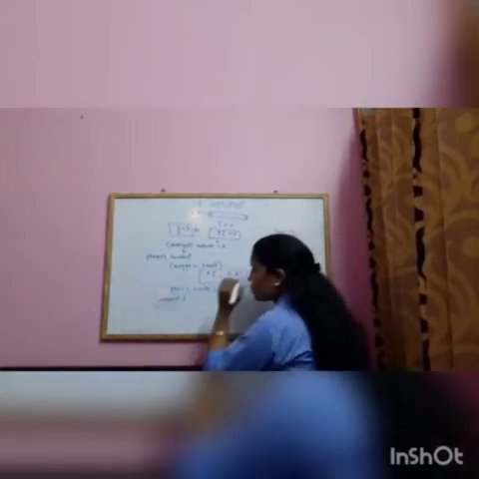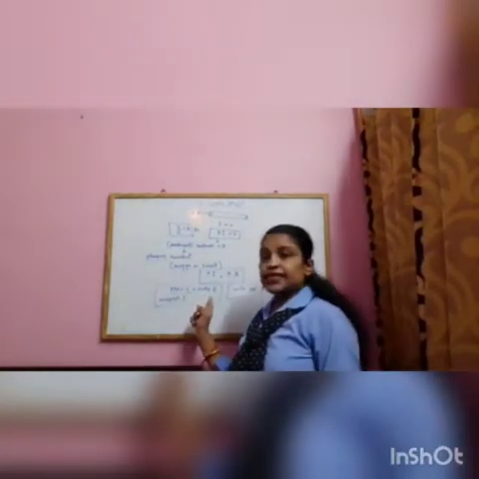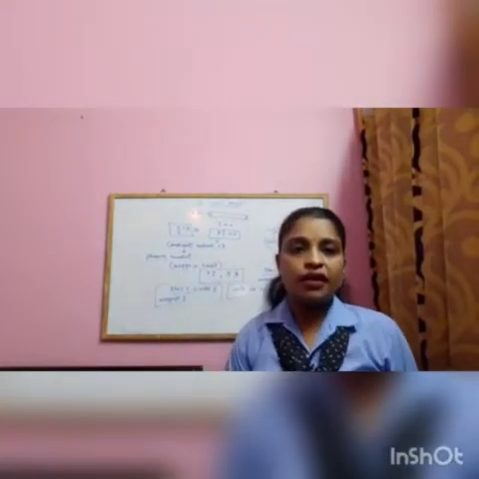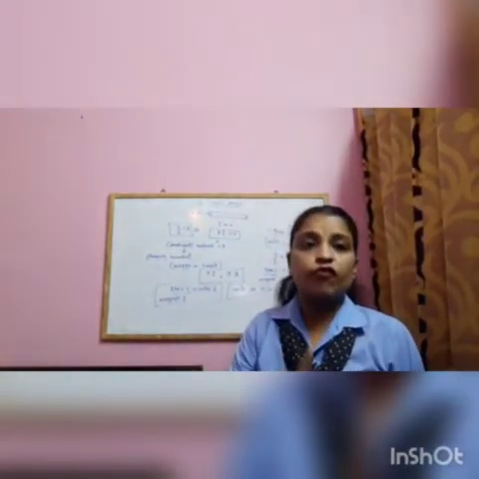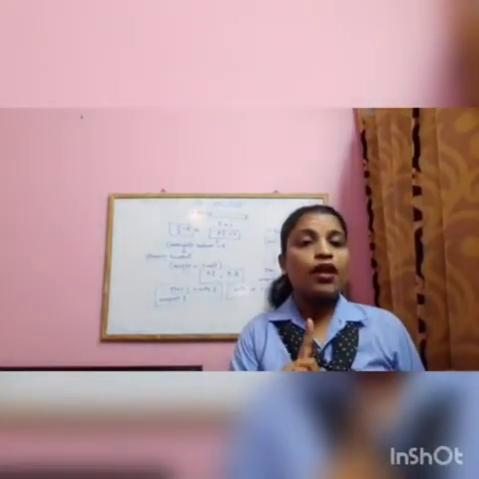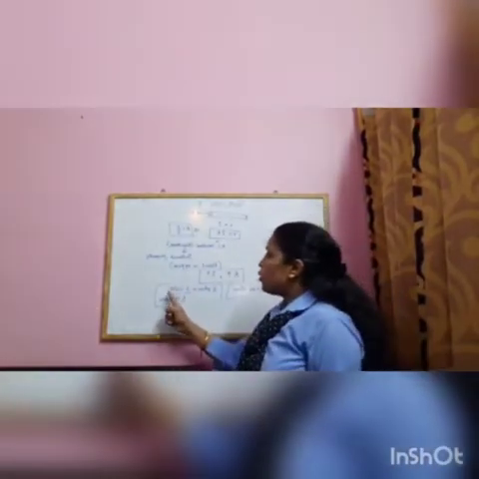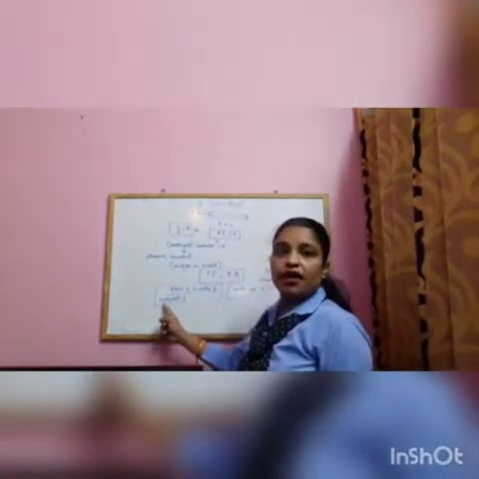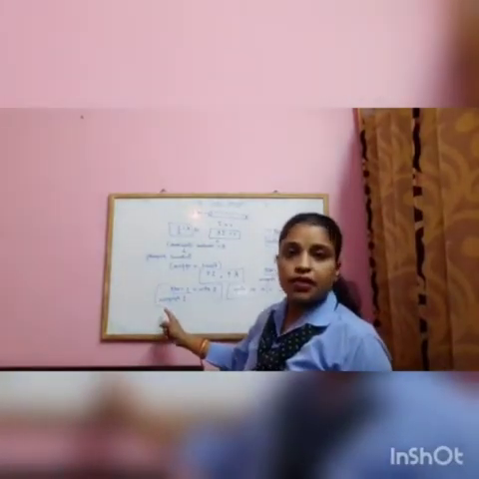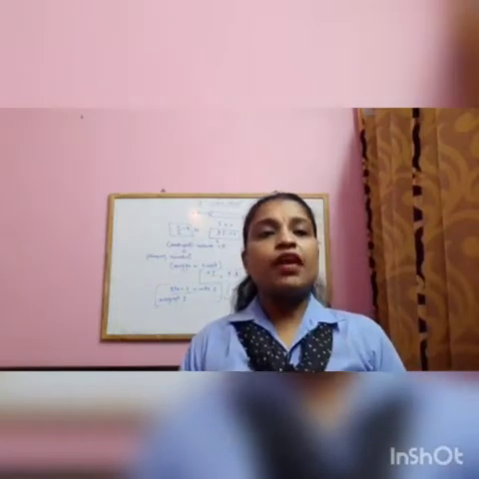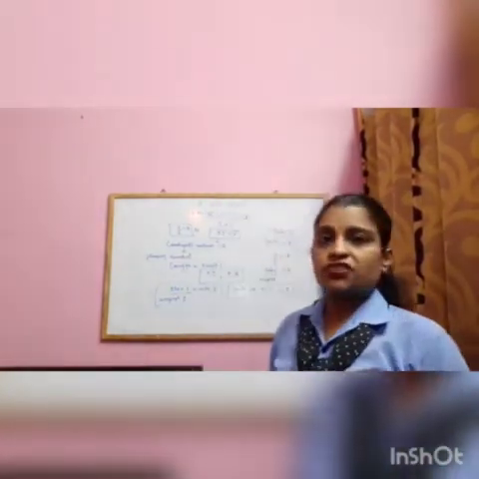That means the resistance of a conductor is said to be 1 ohm when 1 ampere of current flows in the conductor on applying 1 volt of potential difference across the ends of the conductor.